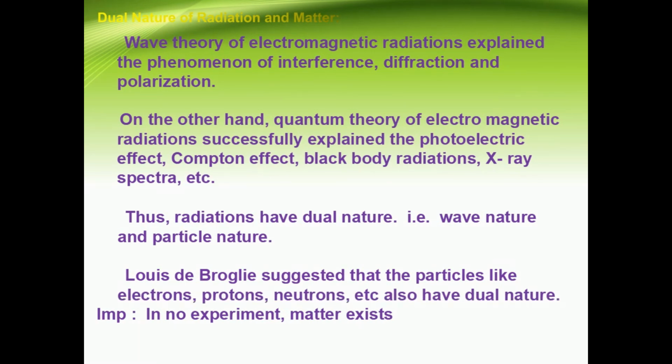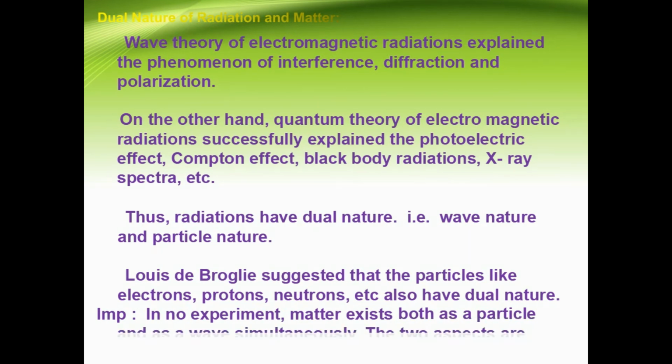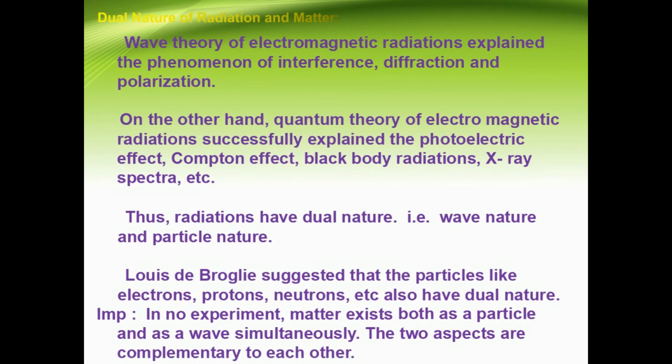Louis de Broglie suggested that particles like electrons, protons, neutrons, etc. have dual nature. A very important point to note here is that in no experiment does matter exist both as a particle and as a wave simultaneously. The two aspects are complementary to each other.